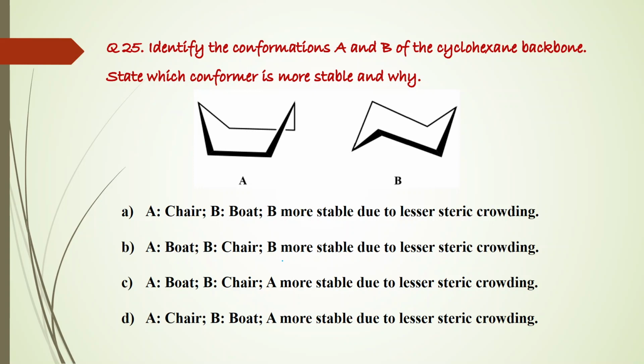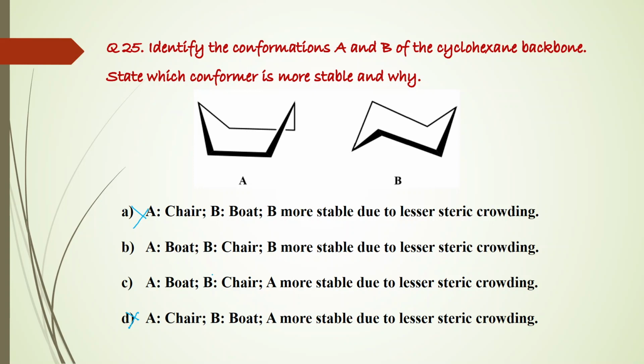From the structure the name is very clear. A is boat and B is chair. So we can already discard option A and option D. Between B and C the correct option will be found.